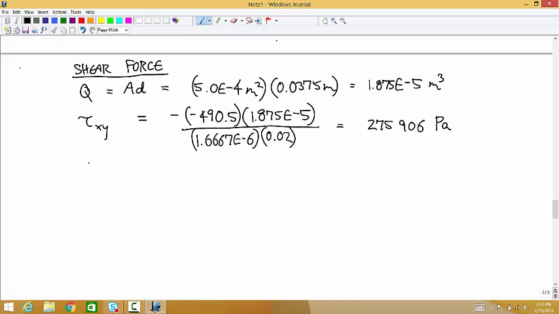pascals. So the stress tensor due to shear force is 0, 275,906, 0, 275,906, 0, 0, 0, 0, 0.